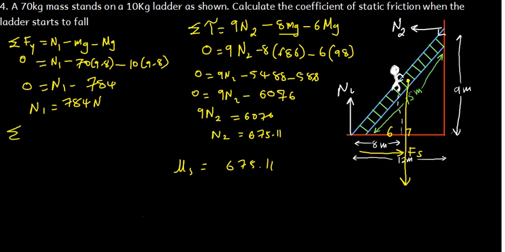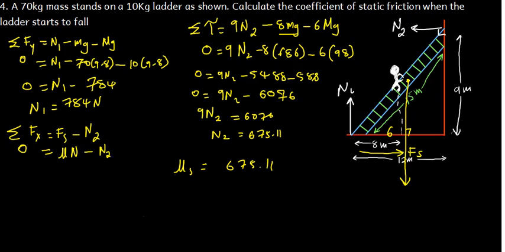For the net forces in the x, we have got static friction here, and then we have got also N2, like that. So the net force is 0 there, and the static friction, we know it is the coefficient of static friction multiplied by the normal force, and then minus N2.